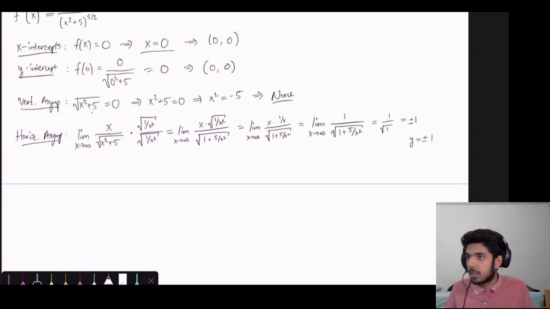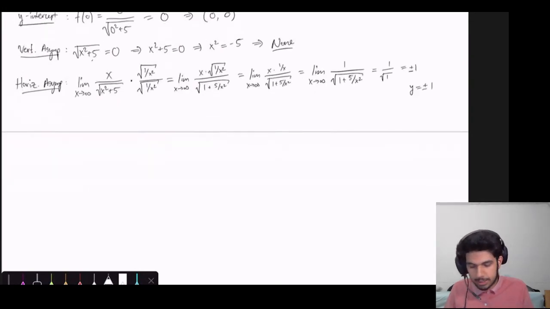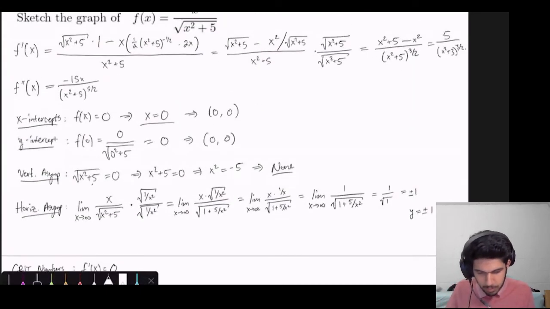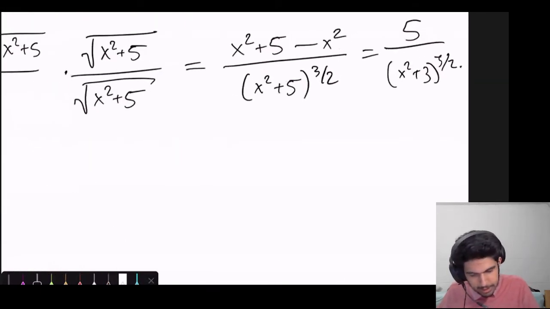All right. Now let's take a look at our critical values. Critical numbers are where f prime of x equals 0 or DNE. I guess I made a little mistake here.